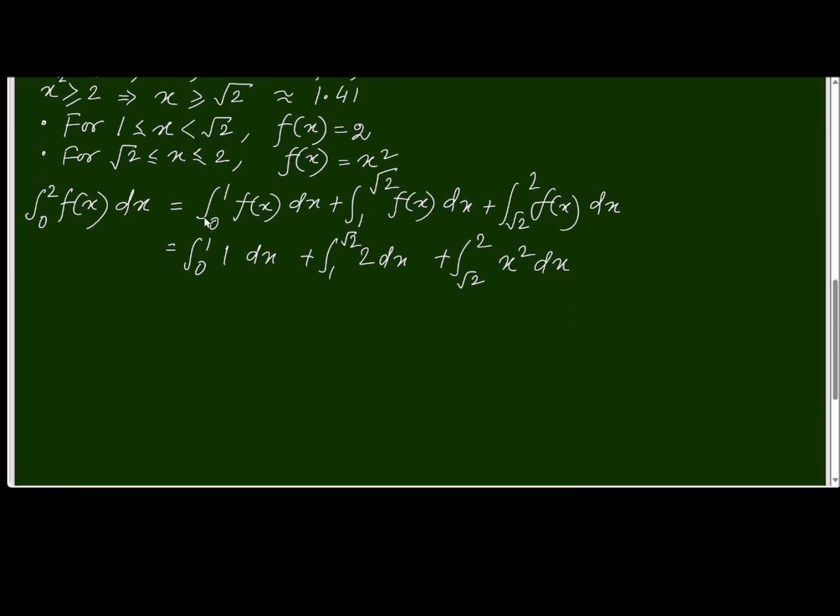So now it is easy for us to calculate. So the integral equals x from 0 to 1, plus twice x to square root 2, plus x cube by 3 from root 2 to 2.